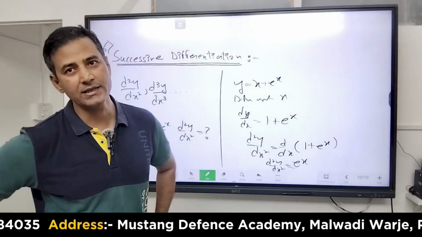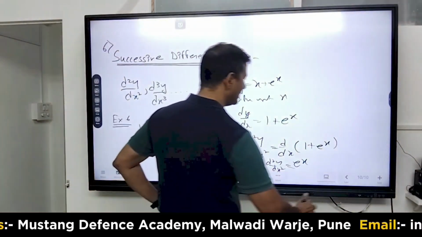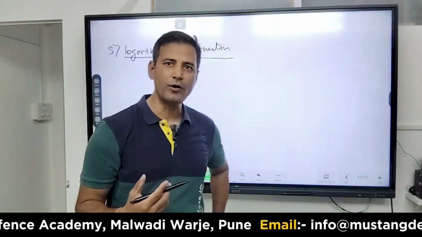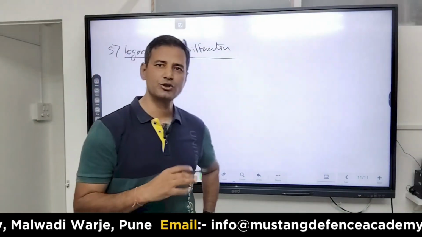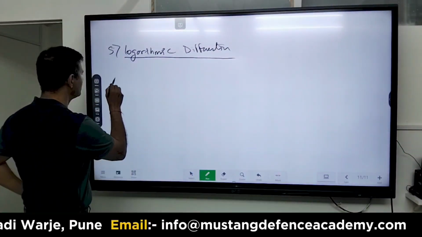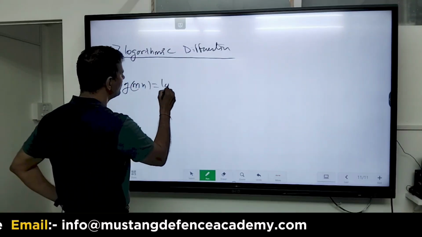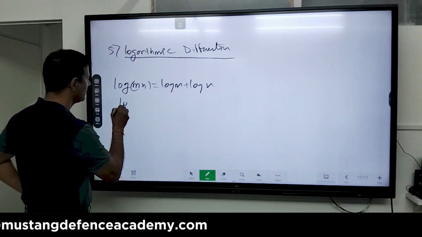Now one part is left, which is logarithmic differentiation. So let us see some of the important logarithmic formulas which we'll be using in solving the problems. Log of mn is equal to log of m plus log of n.